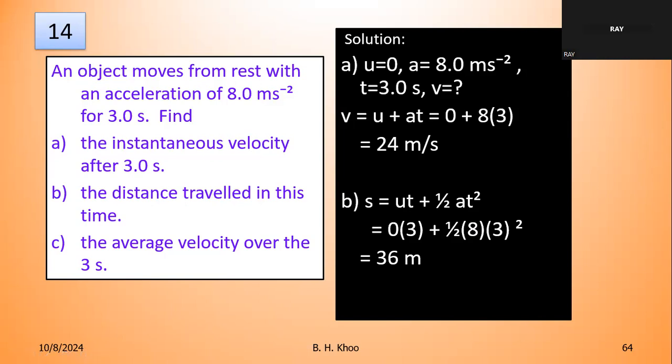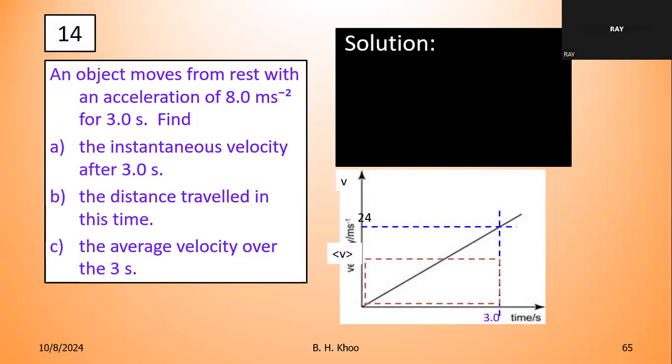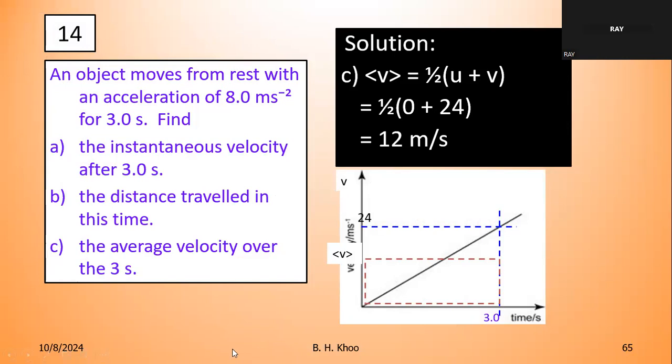Average velocity over 3 seconds. You just take half u plus v, which is 12. That is the symbol for average.